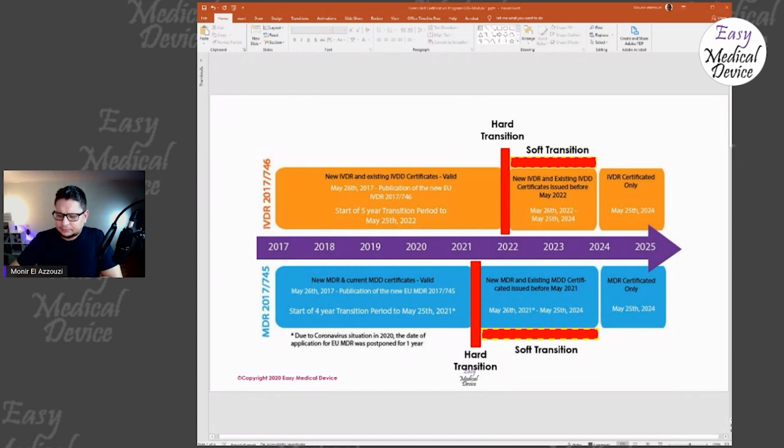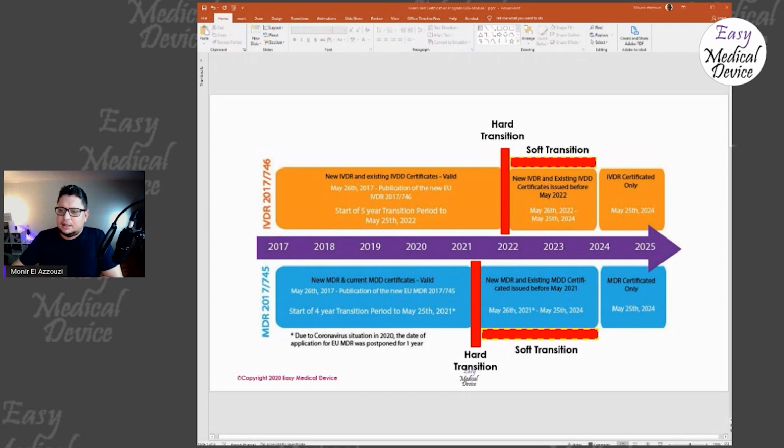The other thing is that if you are class 1, but with MDR you are up-classified, then you have another transition period. It is not this one anymore; it is until 2024.